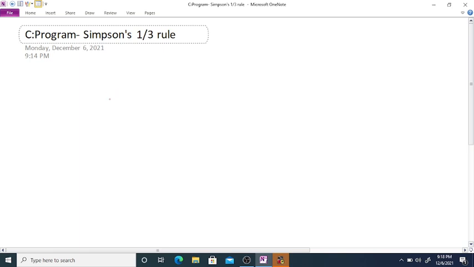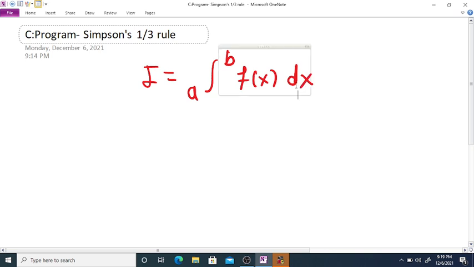C program to evaluate an approximate integration, say I is equal to integral from a to b of f of x dx using Simpson 1 by 3 rule.